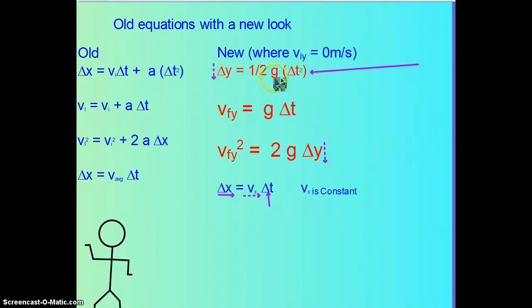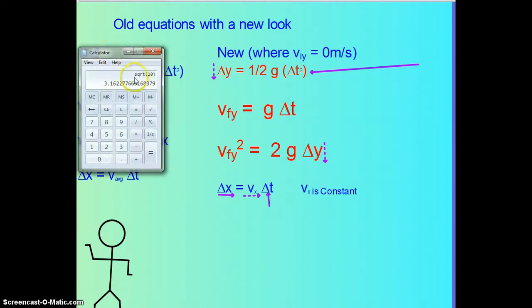So what we're going to do is say 49.05 meters is equal to half of g, which is conveniently 4.905, times t squared. So when we divide, 49.05 divided by 4.905 comes out to 10. And then we have to get the square root of 10. When I square root 10, we see that it would take 3.16 seconds to fall.